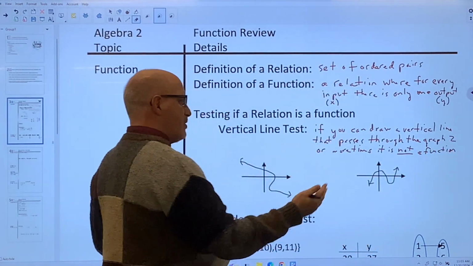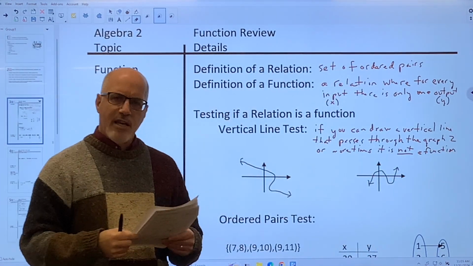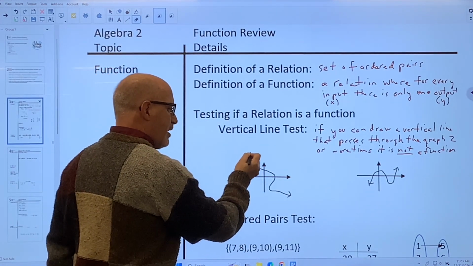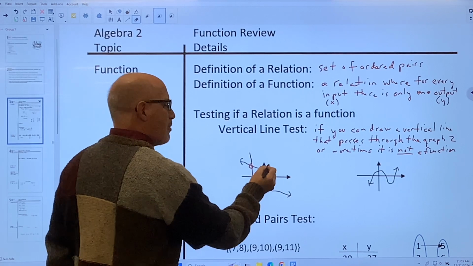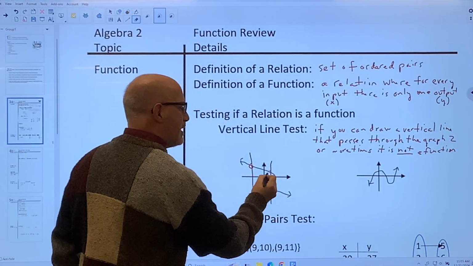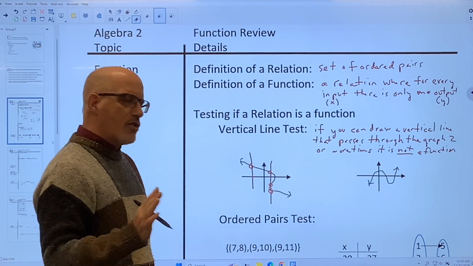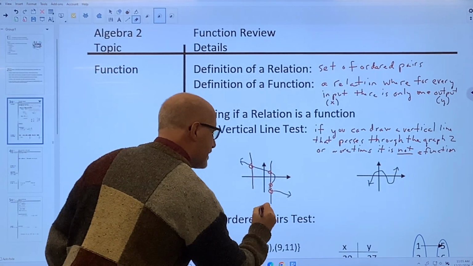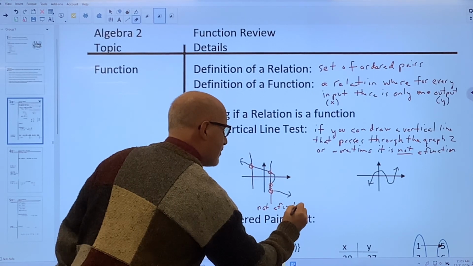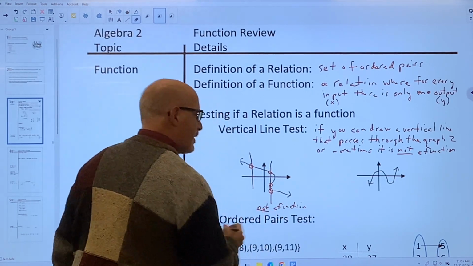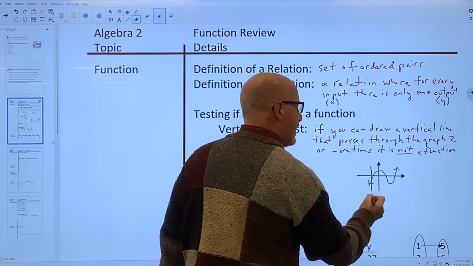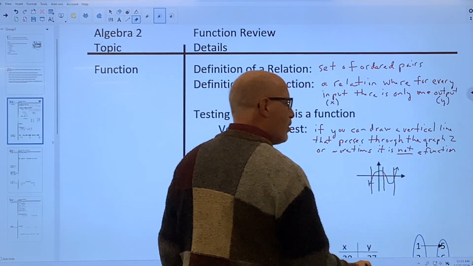If we look at these two graphs as examples, with this first one, if I draw a vertical line out here, it only hits it once. But if I draw a vertical line over here, it will hit it even 3 times. So if it hits it 2 or more times, it is not a function. Now this one over here, every time you draw a vertical line, it will only hit it once.